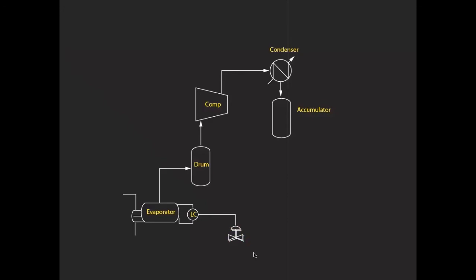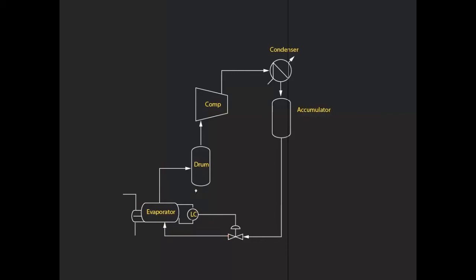Okay, so off of this valve would be fed by our accumulator, and feed back into the evaporator. Okay, so that's pretty much the complete loop now.